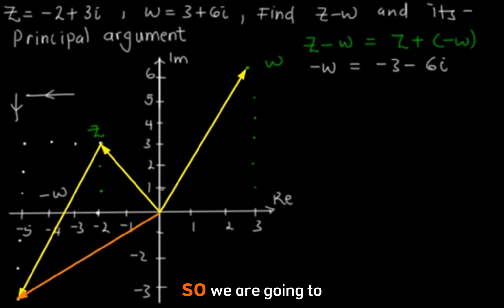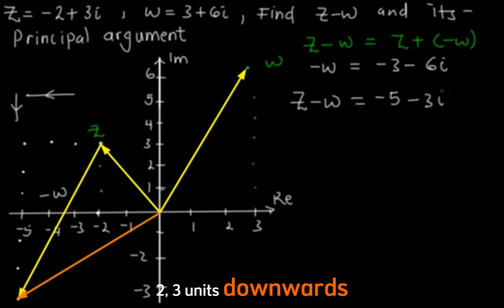So we are going to say z minus w is equal to 1, 2, 3, 4, 5 units backwards along the real axis, and then 1, 2, 3 units downwards along the imaginary axis.